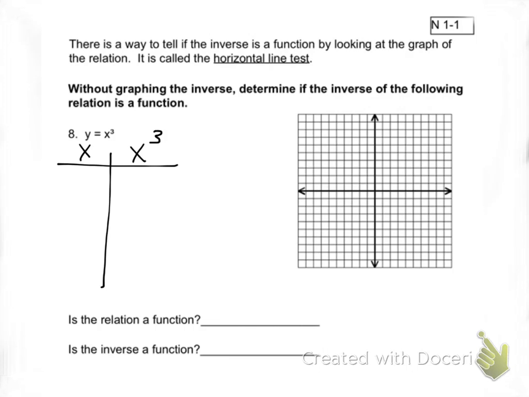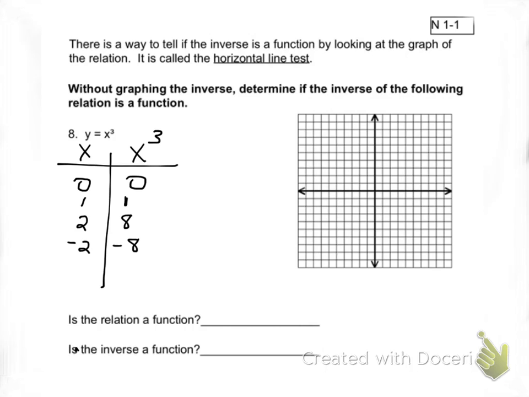So if you've forgotten the basic parent function, this is a cubic function. When x is 0, 0 cubed is 0. When x is 1, 1 cubed is 1. When x is 2, 2 cubed is 8. And when x is negative 2, negative 2 cubed is negative 8.